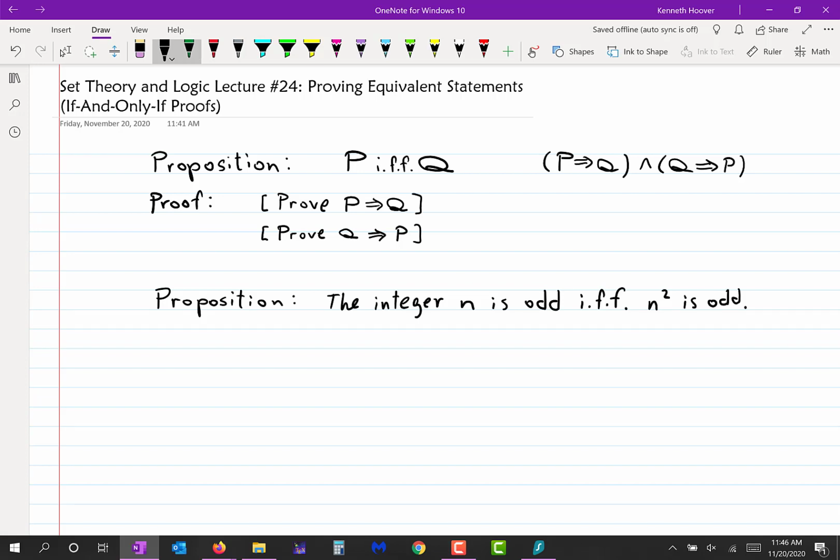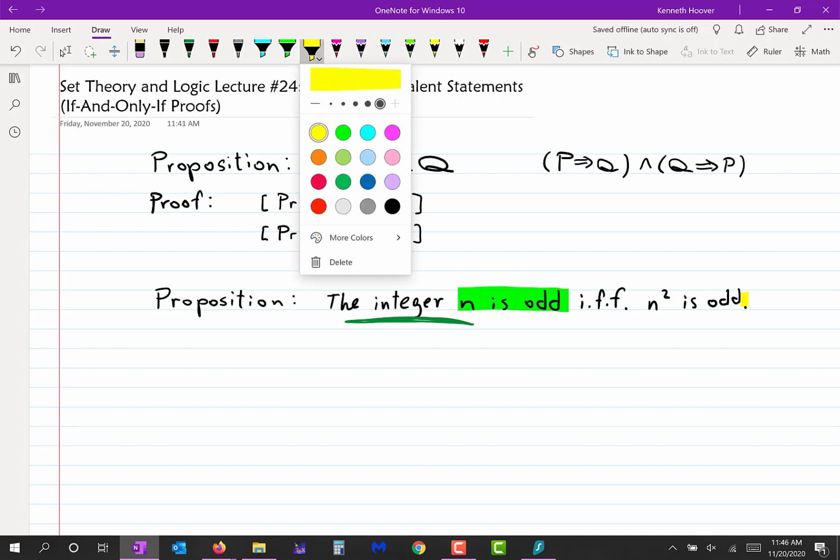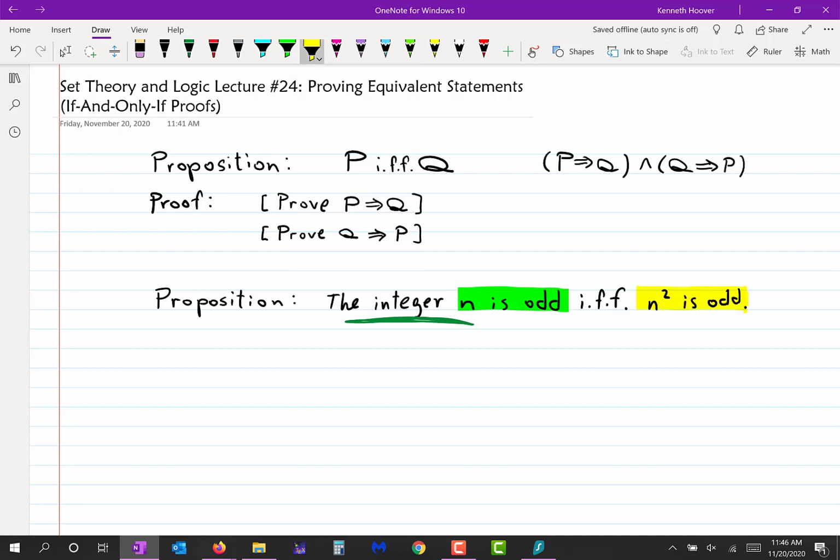Okay, now just so that you understand, the fact of n being an integer applies to this and also applies to this. So I would probably, for myself, label them like this.